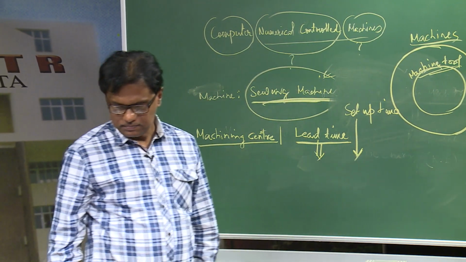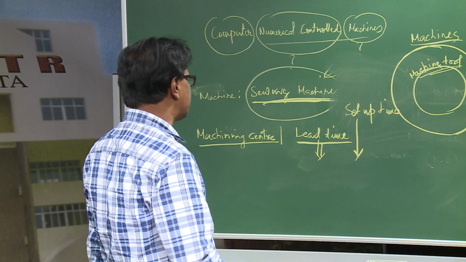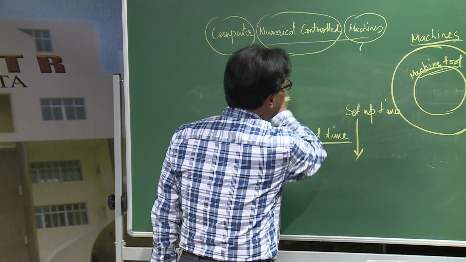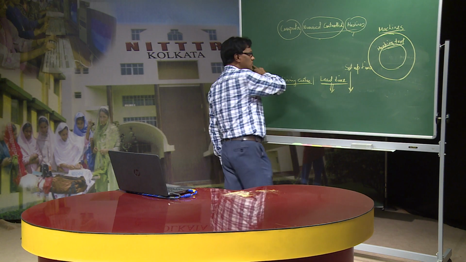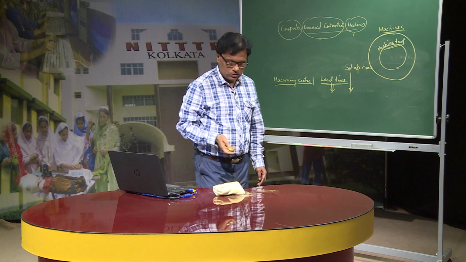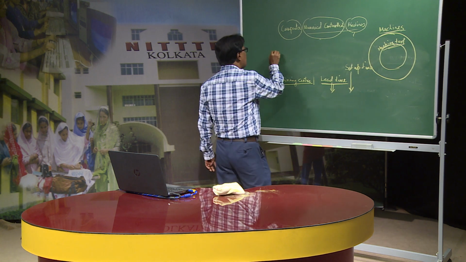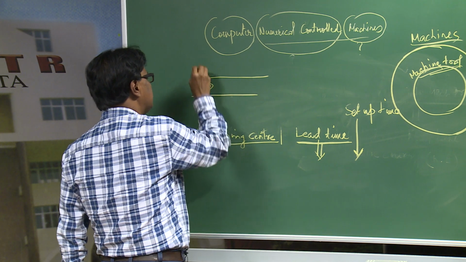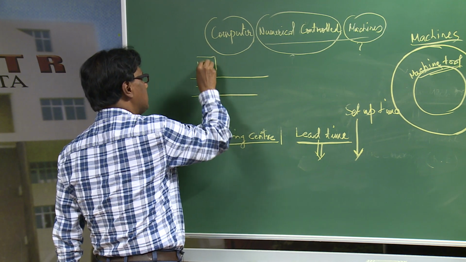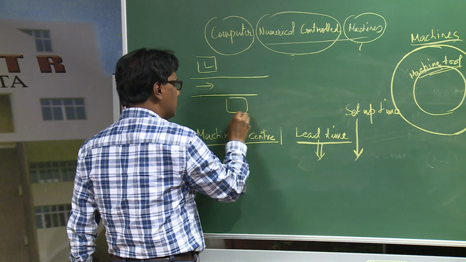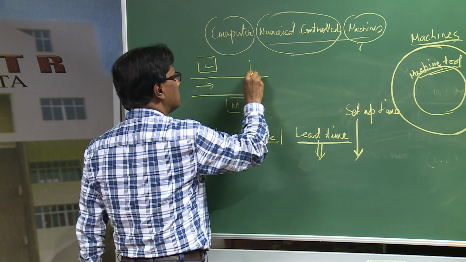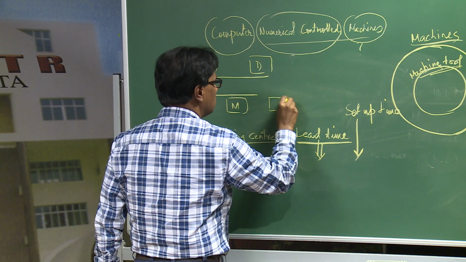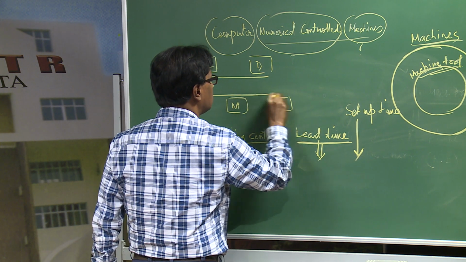Say for example, let me explain this a bit further. Say I have to produce a product which needs a lathe machine, a milling machine, a drilling machine, a boring machine.